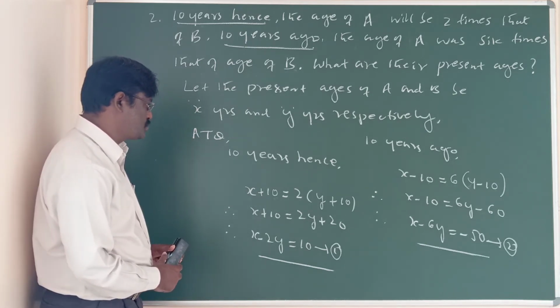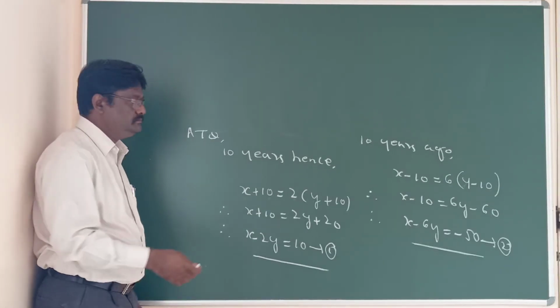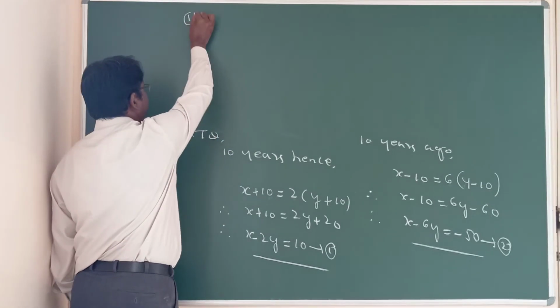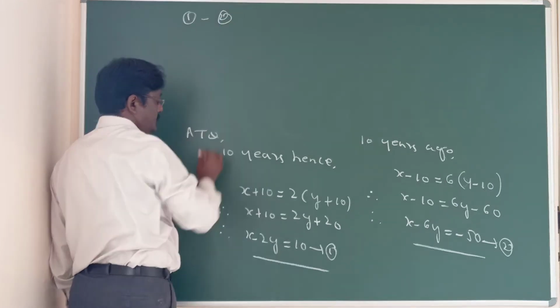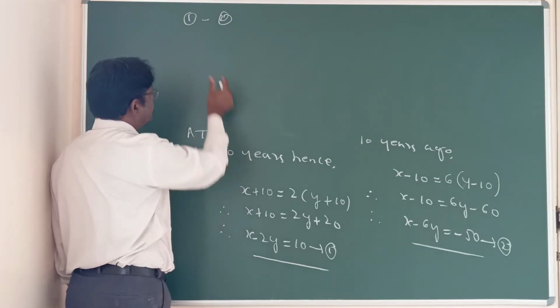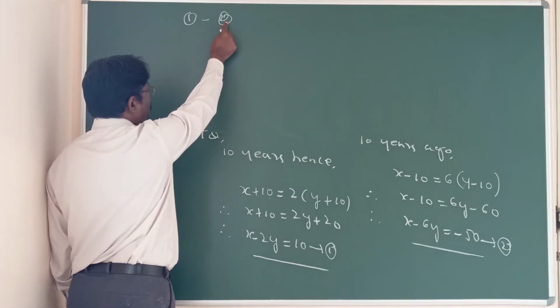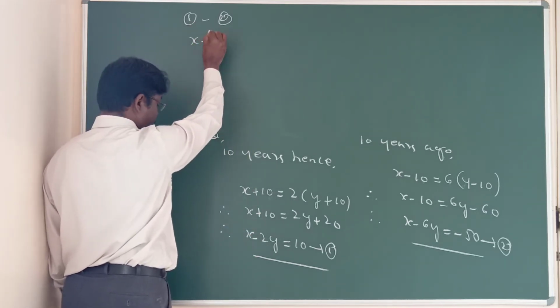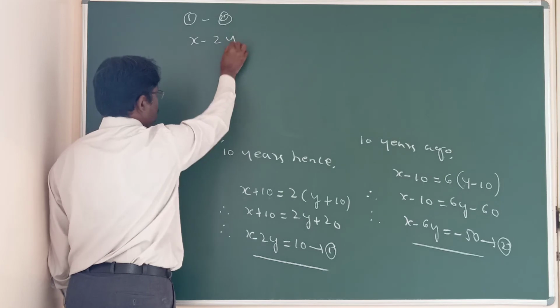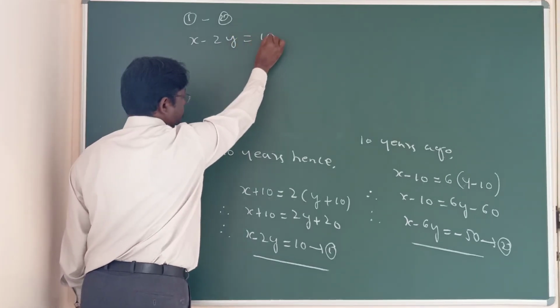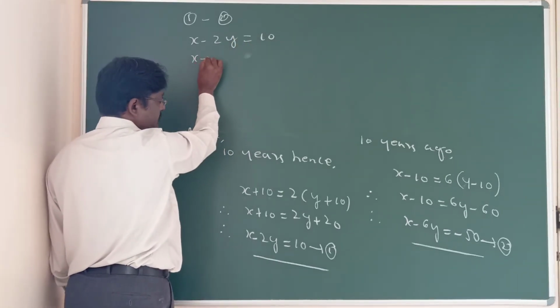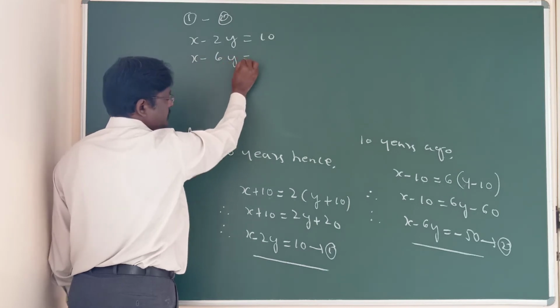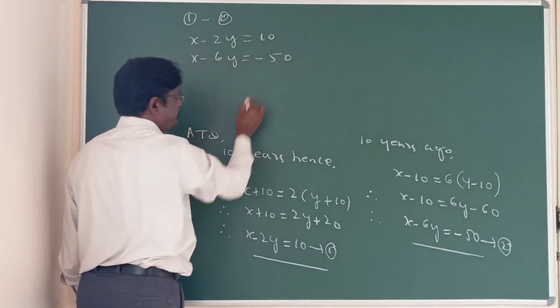Now let us subtract equation 2 from equation 1. We write x minus 2y equal to 10, x minus 6y equal to minus 50.